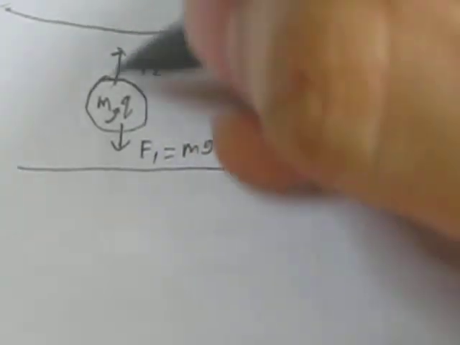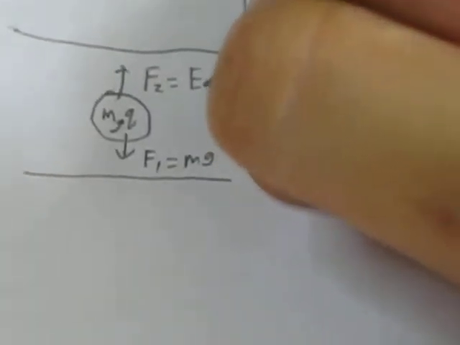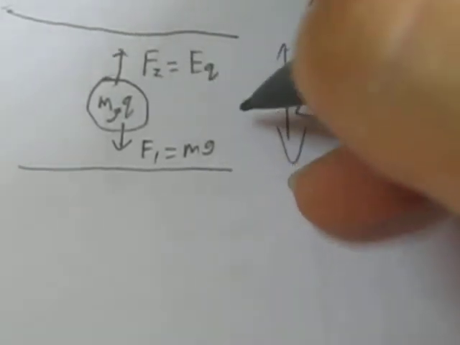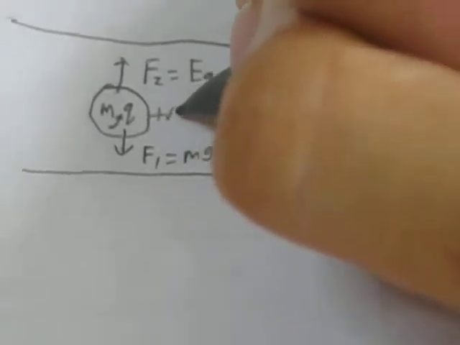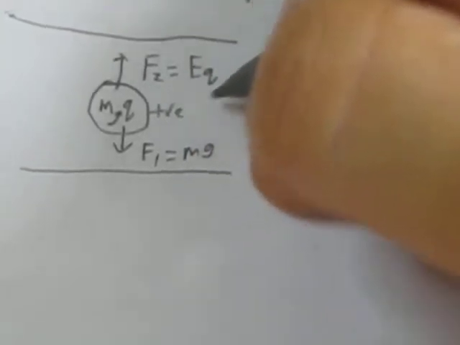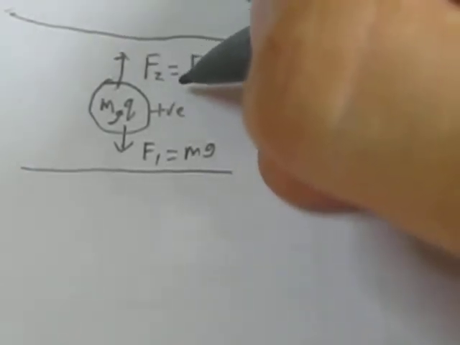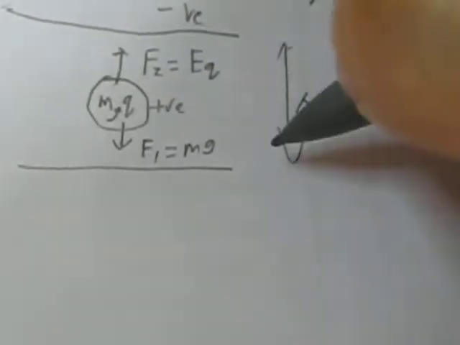The only other force in this problem is EQ, right? So if let's say this is a positive charge, therefore, to have an upward force, to be attracted to the upward plate, the plate must be negative. But that is not important.